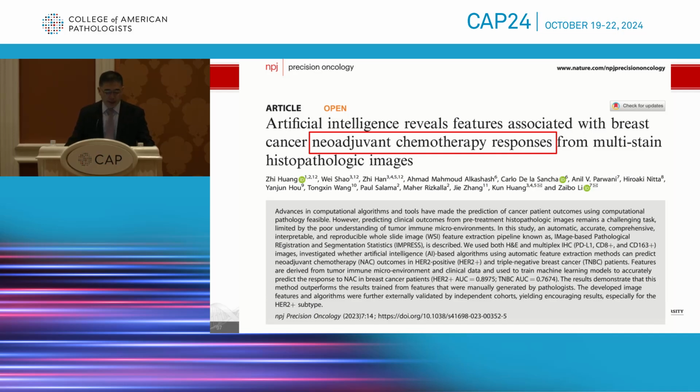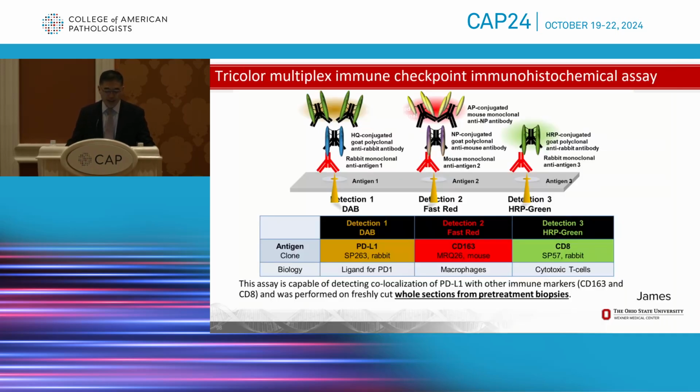I want to give you this example. We did a research study. We developed an AI model to predict response to neoadjuvant chemotherapy in breast cancer patients, triple negative breast cancer patients, and HER2 positive breast cancer patients.